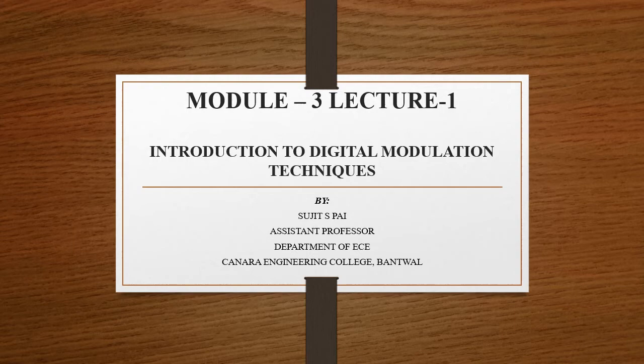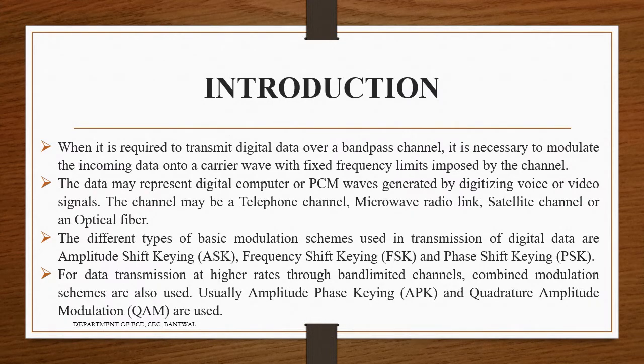Now, with respect to the introduction to digital modulation techniques, the first question is why do we require transmission over a band pass signal? Whenever we consider a signal, it has to be modulated. What is modulation all about?